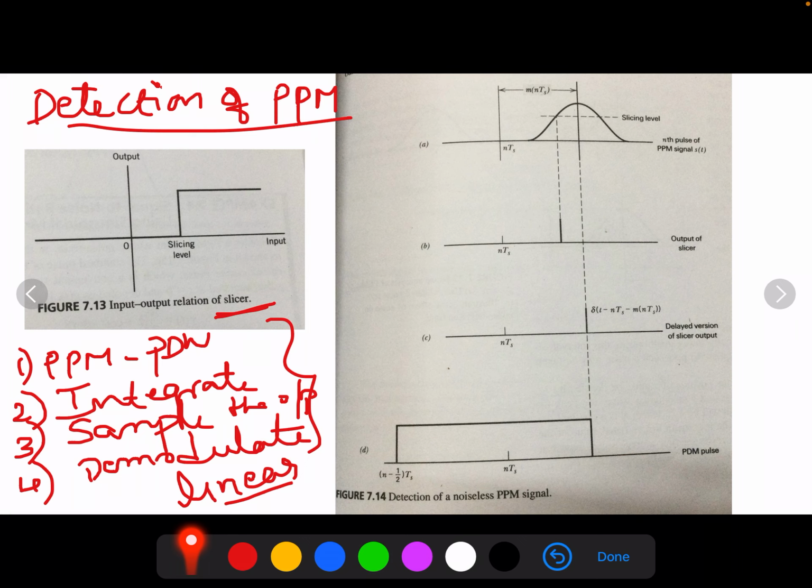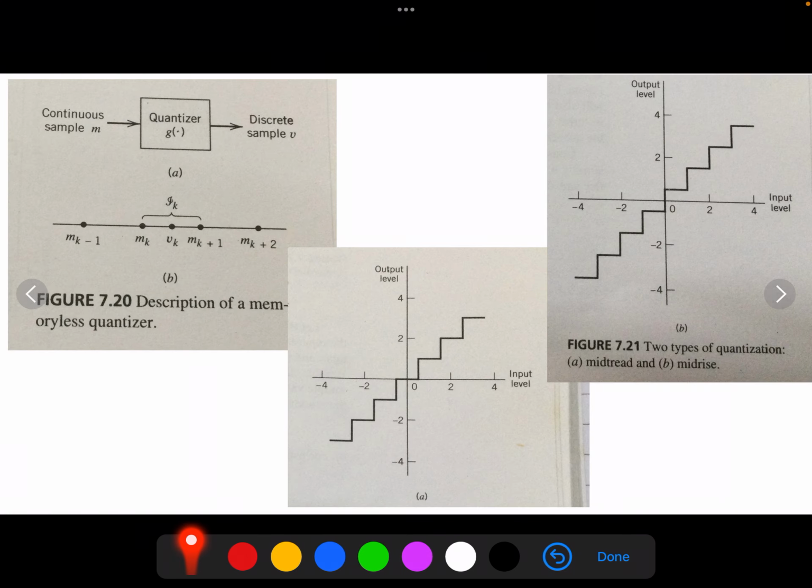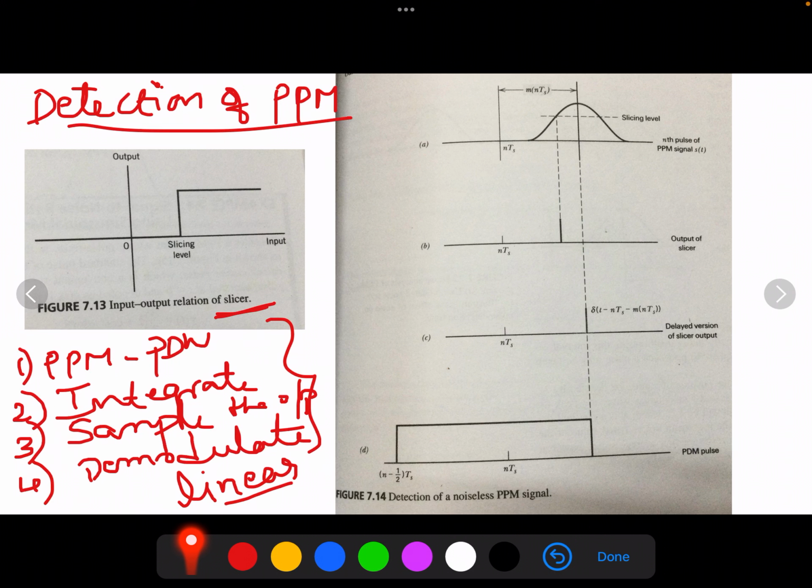So how does noise have an impact in PPM? In a PPM, the transmitted information is contained in the relative positions of the modulated pulses.